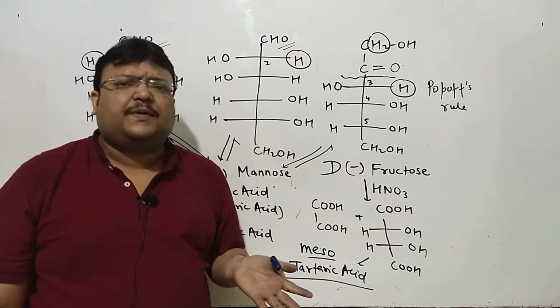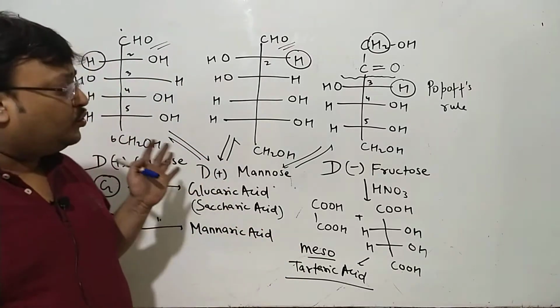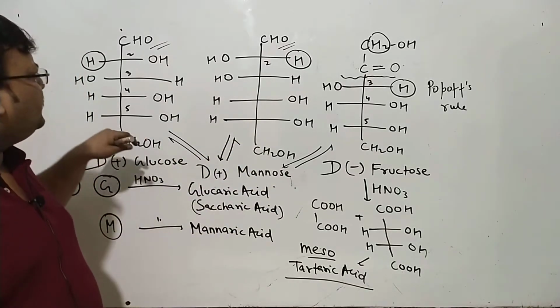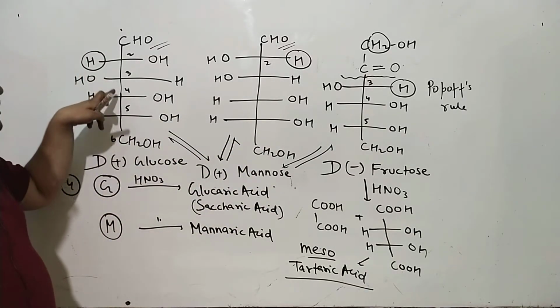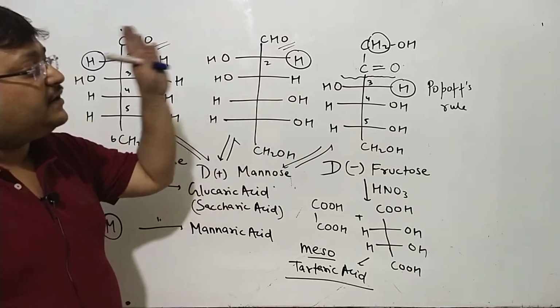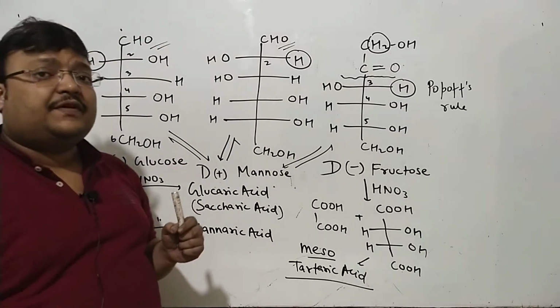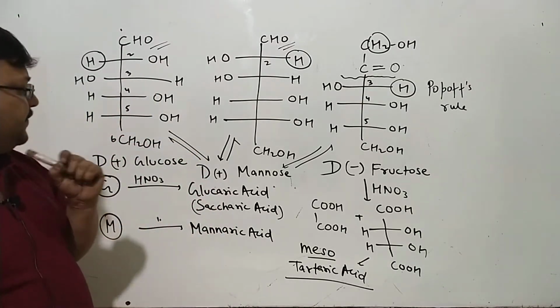There are more reactions by which it can be proved that glucose, mannose and fructose have related structures, that at carbon 3, 4 and 5, they have identical structures. One such very popular reaction is reaction with phenylhydrazine.